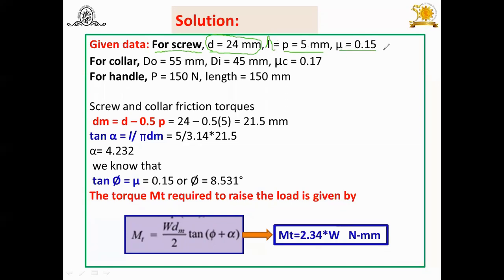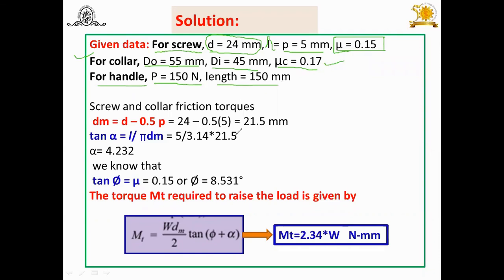Then for the screw, coefficient of friction is 0.15. For the collar, outer diameter is 55 mm, inner diameter 45 mm, and coefficient of friction for the collar is 0.17. And for the handle, to exert a force to rotate the screw, the force is 150 Newton, and the length of the handle is 150 mm.